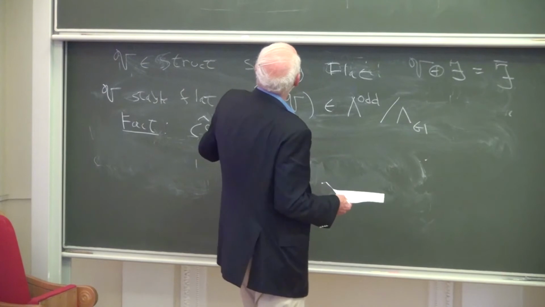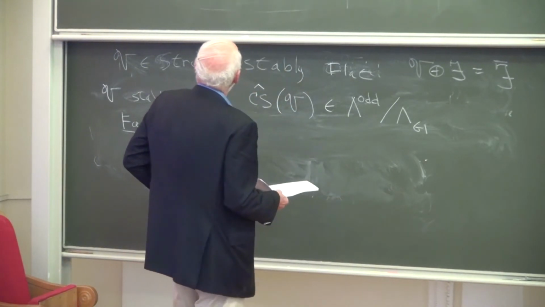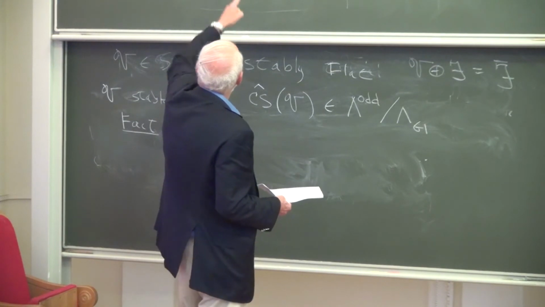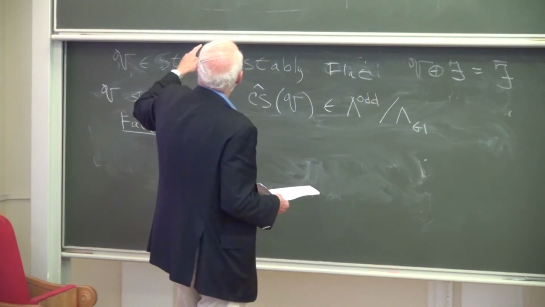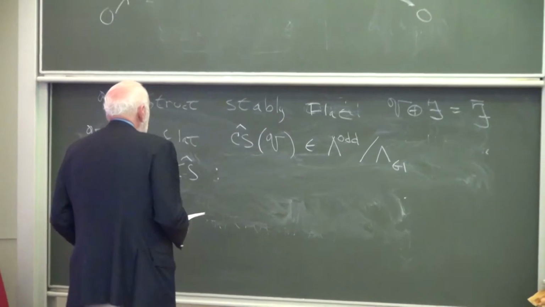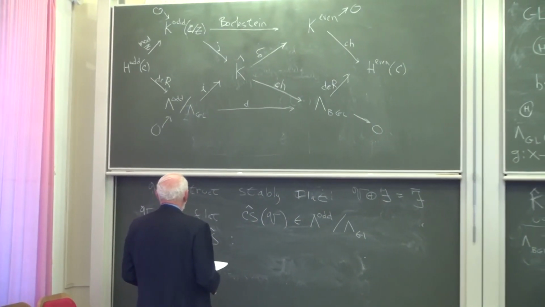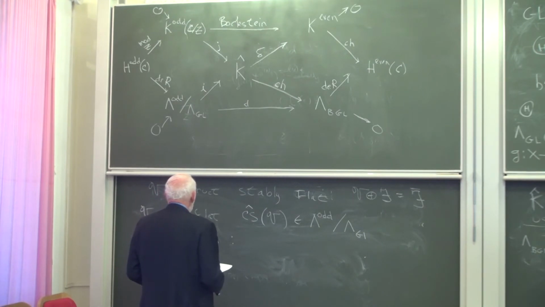I want to see what the whole set of things that go to zero. How are you doing that? See, any connection on the trivial bundle goes to zero.